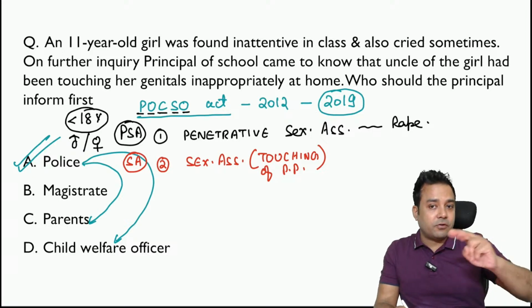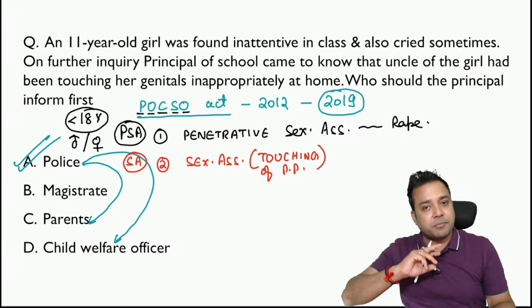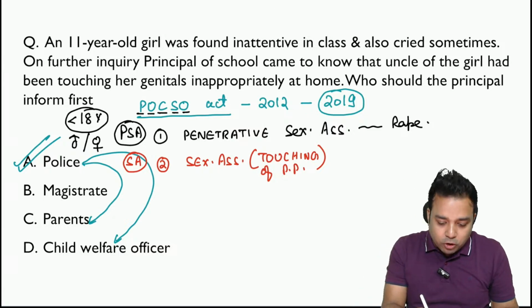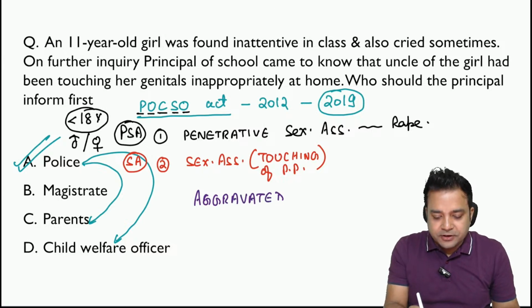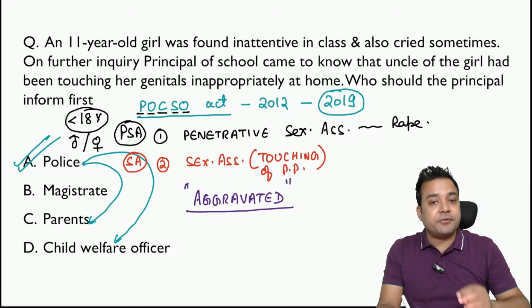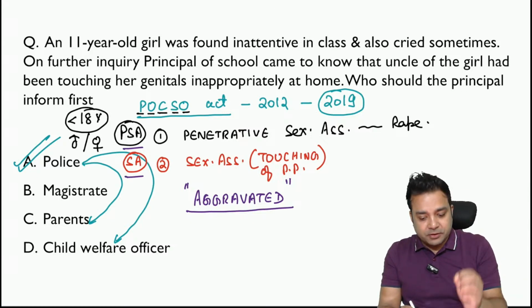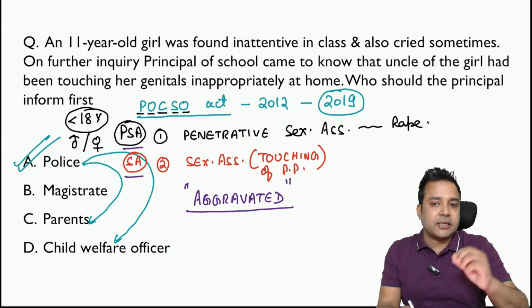Then they asked in one of the INICET exams, in the AIIMS exam particularly, when the Central Institute exam happened separately: what do you mean by aggravated offense under the POCSO Act? When this word is added, it can be aggravated PSA, it can be aggravated SA. Aggravated simply means the punishment to the accused will increase.